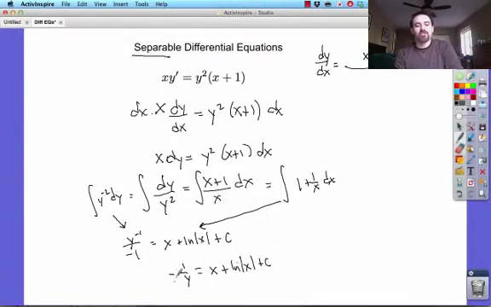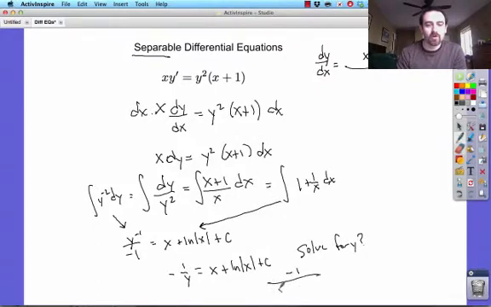And remember, this is a general solution. Now, the issue with these separable differential equations, you're never guaranteed with problems like this that you can solve for y. In this case, we can simply by cross multiplying, and I end up with y equals negative 1 over x plus ln of the absolute value of x plus c.